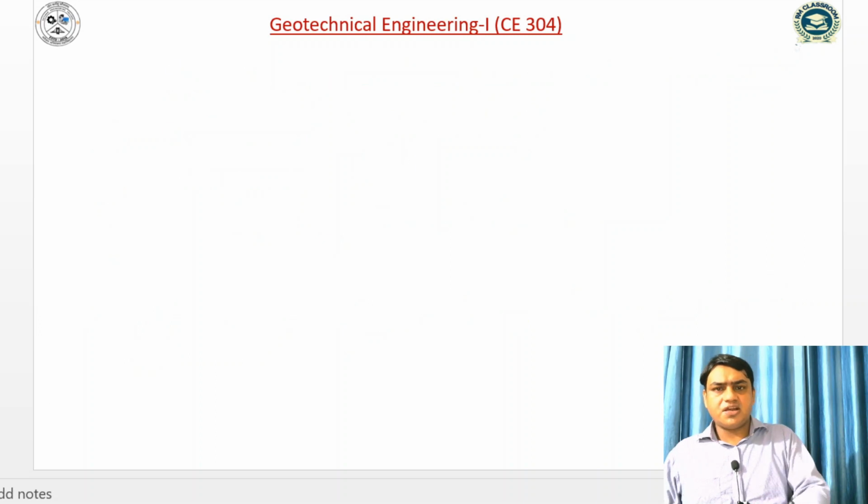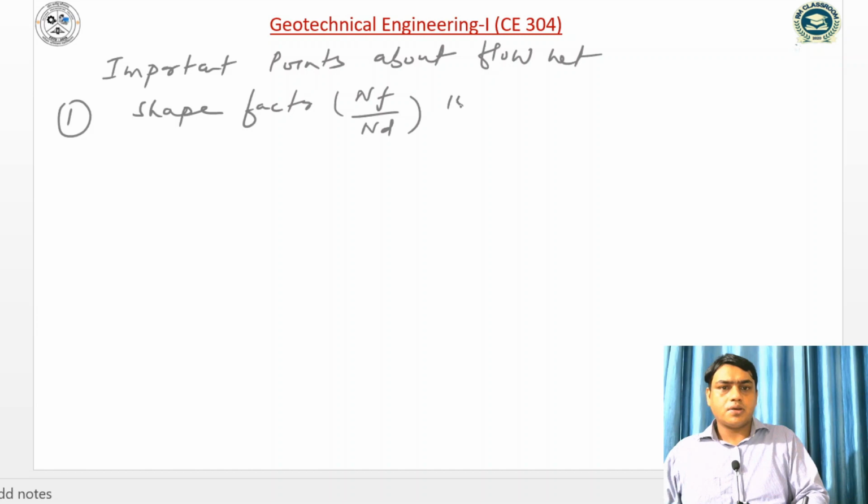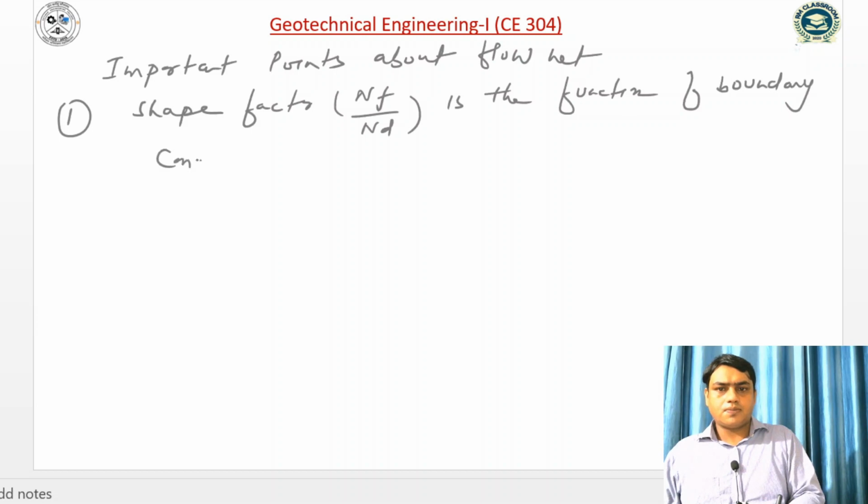And if I talk about the salient points, the important points about flow nets. The first point is that the shape factor, that is the ratio of the number of flow channels to the number of equipotential drops, is a function of boundary condition only.